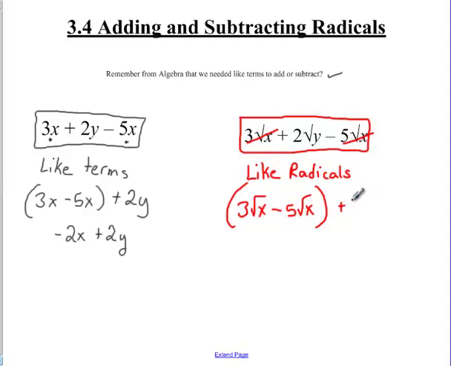And then this poor 2 radical y has got nobody to combine with. 3 minus 5 is negative 2 radical x plus 2 radical y. Notice it's the same answer, just one is variables and one are radicals.